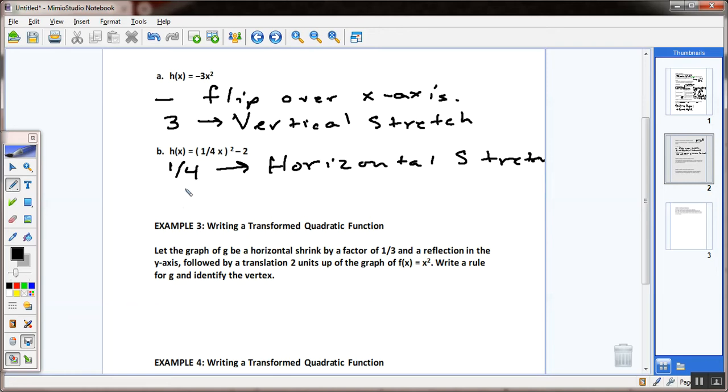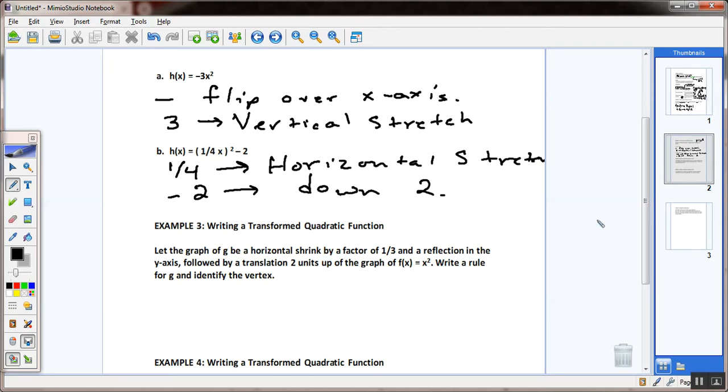And then we've got this -2 out here on the end. What's that -2 do? Moves everything down 2. Okay. Make sense? Are you guys okay with that?